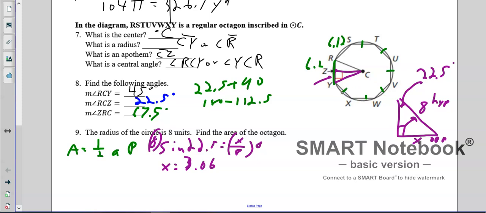So the perimeter, so let's just write that just to be on the safe side. So RY is 6.12. And the perimeter is going to be 6.12 times 8, which is 48.96.